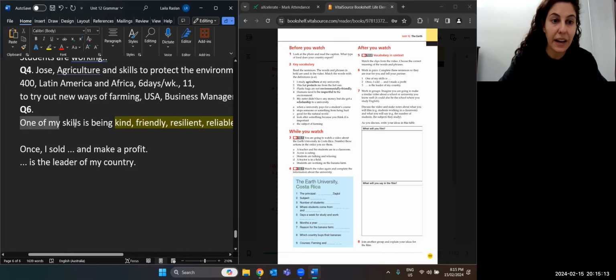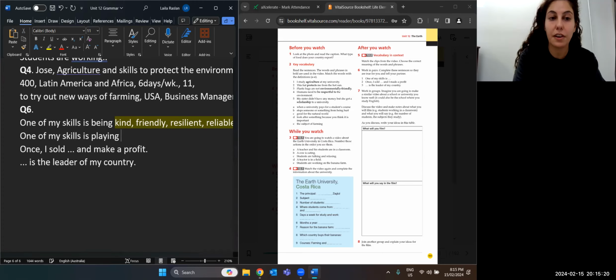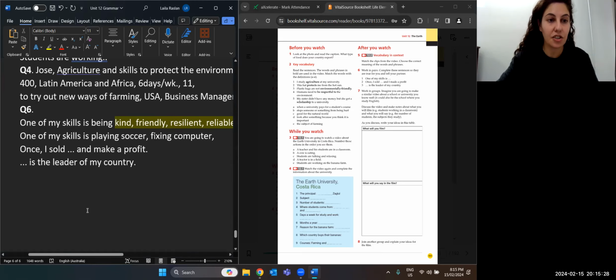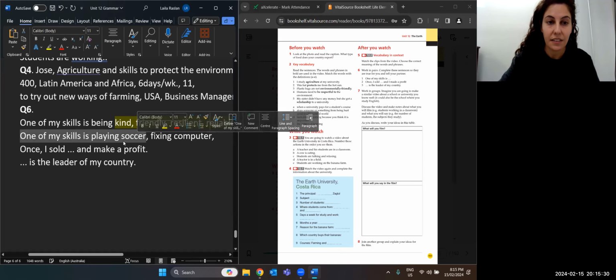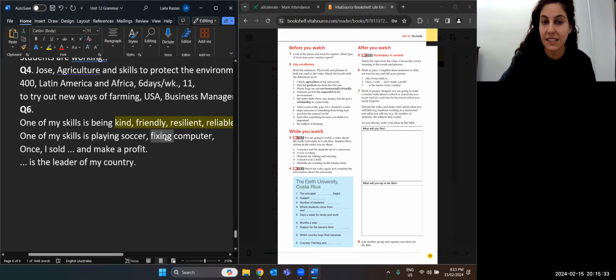But then if I want to add an activity, I say one of my skills is, you go for the verb, playing soccer, fixing computers, whatever activity, then you just go straight for the action. Playing, fixing, doing, making something.